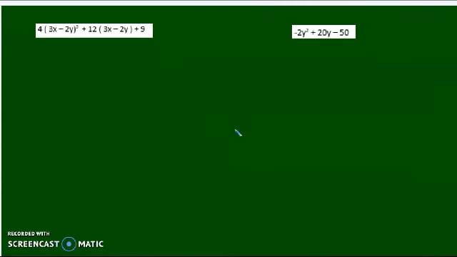So third example, again, this is a trinomial. So this is the first term, second, and the third term. So 4 is a perfect square, then the power of this is an even number, therefore the first term is a perfect square. So this one is a squared.